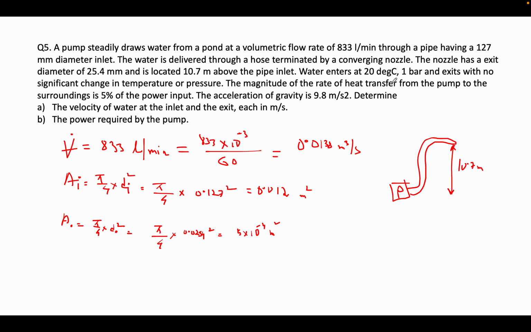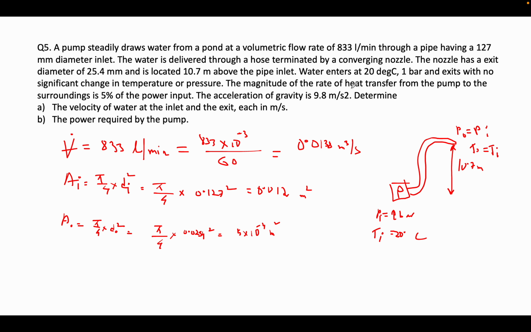Water enters at 20 degrees Celsius and 1 bar, so P1 is equal to 1 bar and T1, the inlet, is 20 degrees Celsius. With no significant change in temperature and pressure, P naught is equal to Pi, and T naught is also equal to Ti.